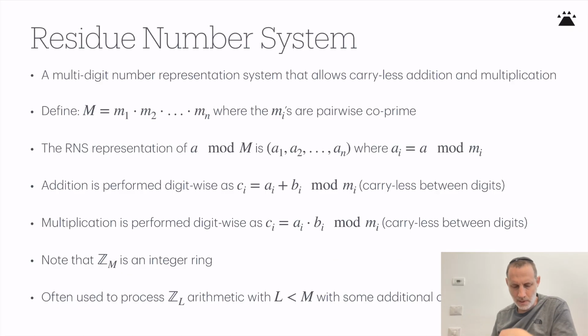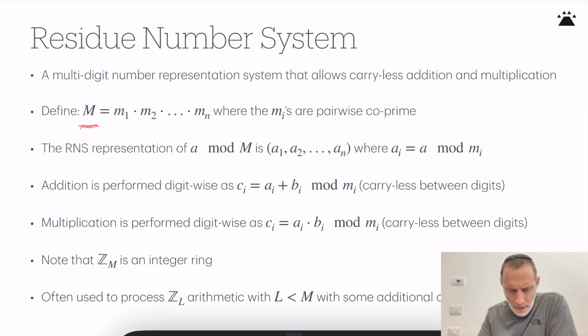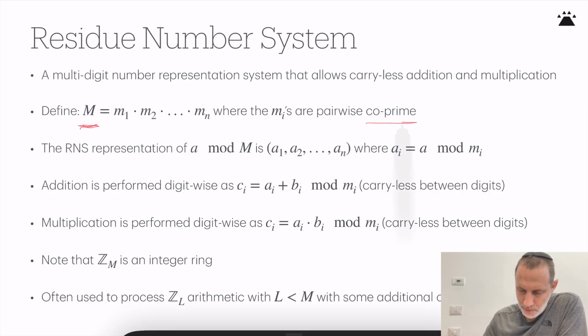And big M is really just a product of the m_i's, let's say m_1 to m_n. And the important thing is that these m_i's have to be co-prime, or pairwise co-prime. Now, when we represent a number, we would represent everything modulo big M.